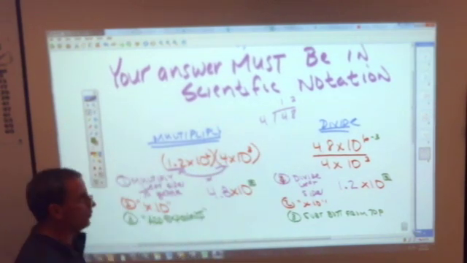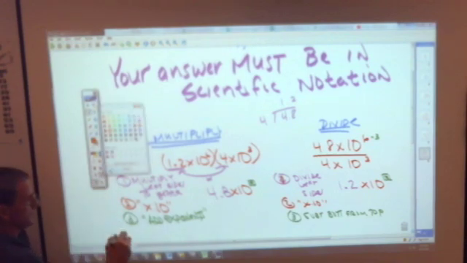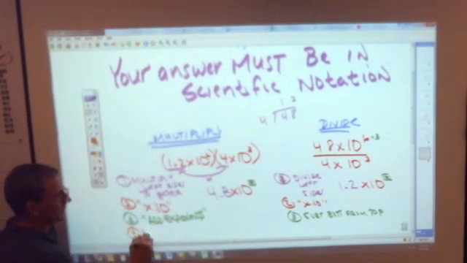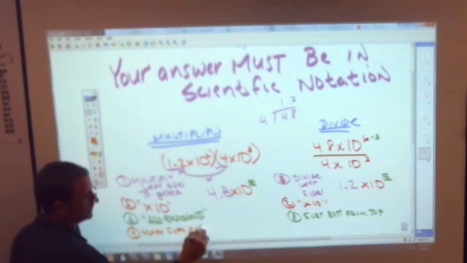And then step 4. What color have we not used? Orange. Step number 4 is you need to make sure your answer is in scientific notation.